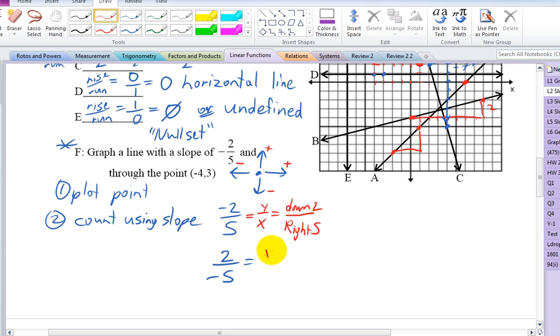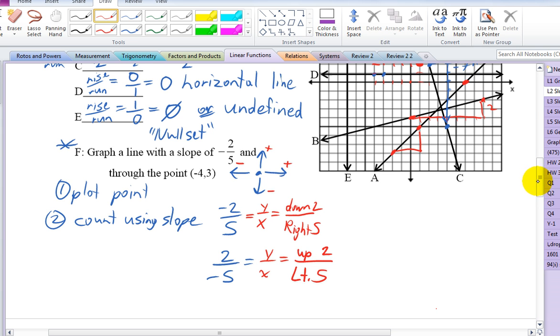So, knowing that y is on top, x is on the bottom, which direction should you count? Figure that out now. Go. So plus 2, what does that mean? Up 2. What does a negative 5 mean?